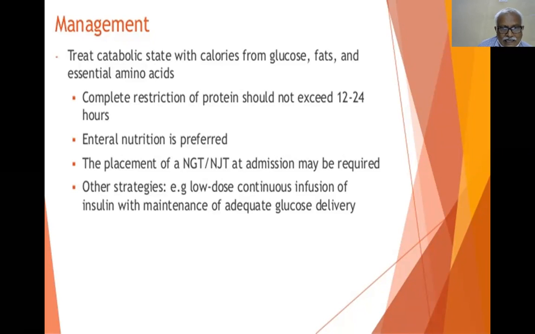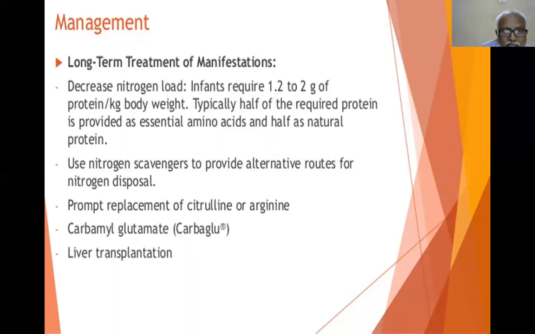Other strategies like low dose continuous infusion of insulin, with the maintenance of adequate glucose delivery, are most important when we are giving insulin. Long-term treatment of manifestations: decrease the nitrogen load. The infants will require 1.2 to 2 grams of protein per kg body weight. Typically, half of the required protein is provided as essential amino acids and half as natural protein.